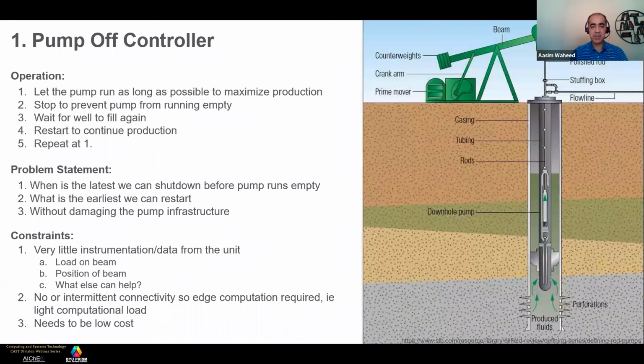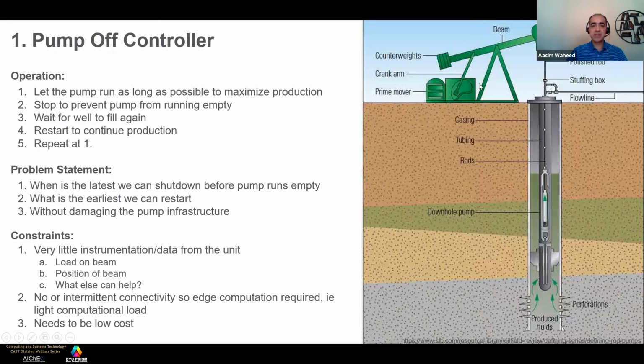But there are other constraints that you need to take into account, and these are all commercial constraints. Remember, I said that this pump is producing only about, let's say, 10 barrels a day. If you were to come up with something that requires more instrumentation, or a lot of computation, or edge connectivity, or any upfront cost that's too high, where the return will take just too long for the customer, they may say no. So the trick here is also what is the available instrumentation?